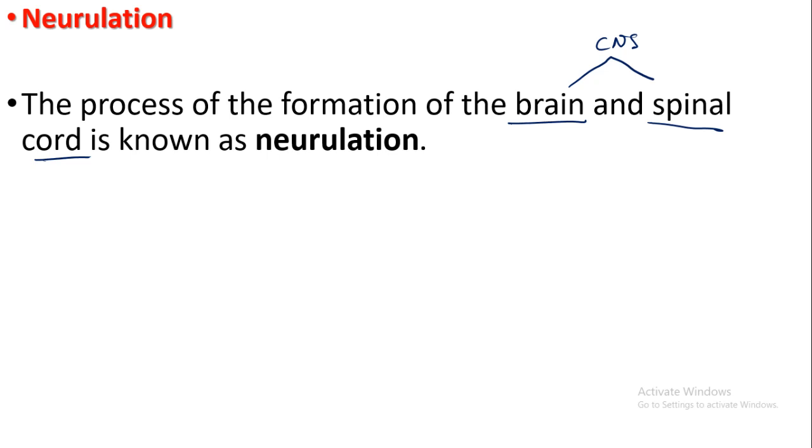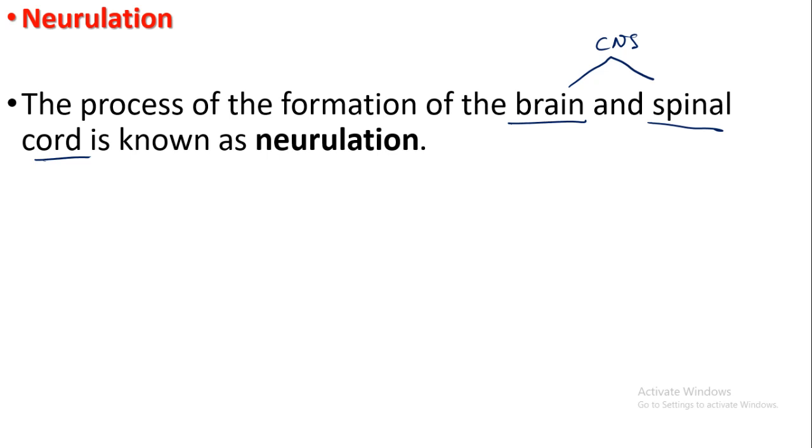We are interested in knowing that the brain and the spinal cord are formed by the process of neurulation in week 4. We need to understand where this brain is coming from, and where the spinal cord is coming from. So we need to go back and look at the 3 germ layers.